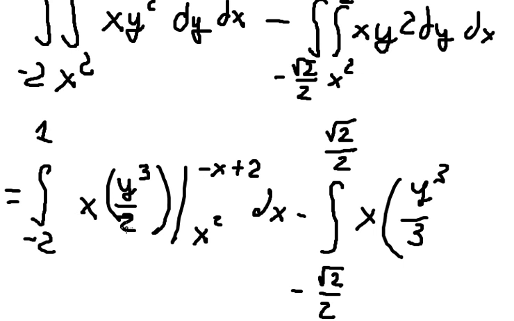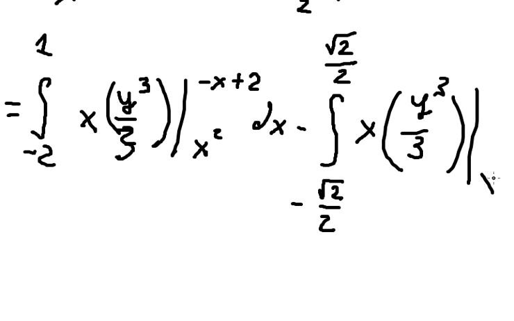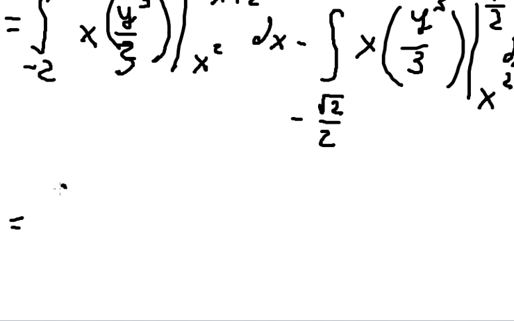This is 3, not 2. So we put the bounds from s squared to 1 over 2. And now we put this one here, s squared here. So we have it like this.